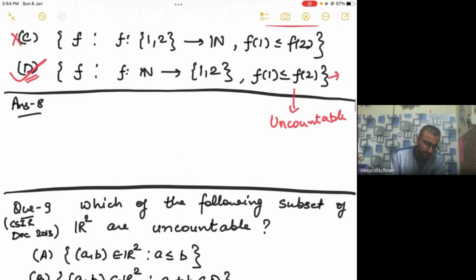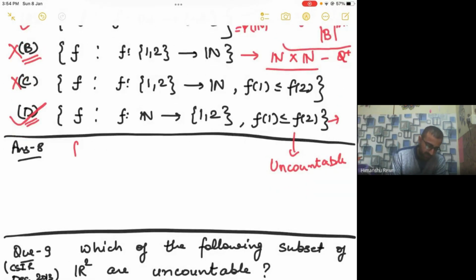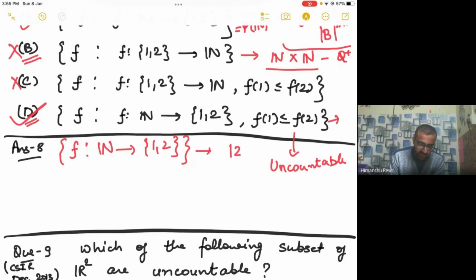Okay. So for option D, it is clear that f from N to {1, 2}, the set of all functions, has cardinality 2 raised to the power cardinality of N. Now we are given an extra condition like f of 1 is less than f of 2.